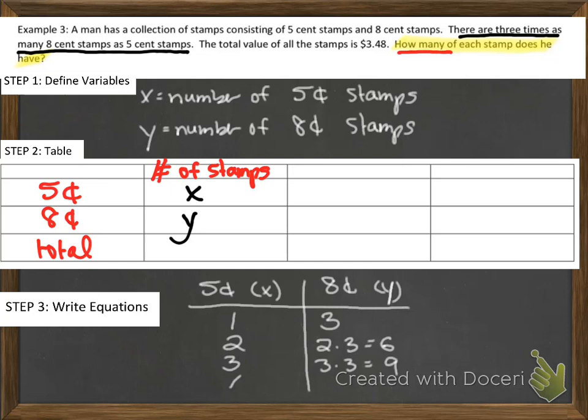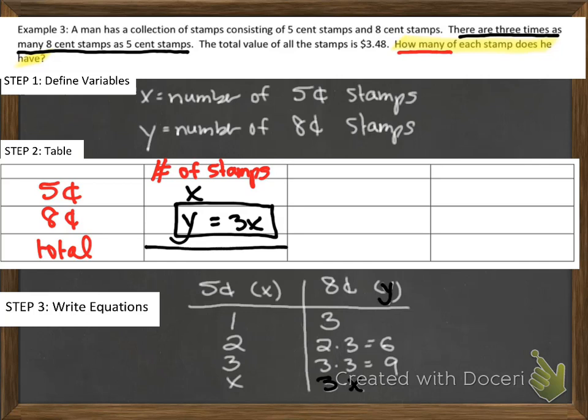So what if I have X 5-cent stamps? Then this is going to be 3 times X. So my other equation is that Y equals 3X. This problem is a little bit different. This is one of my equations. Again, we're not given a total, so we can't put anything in this box.